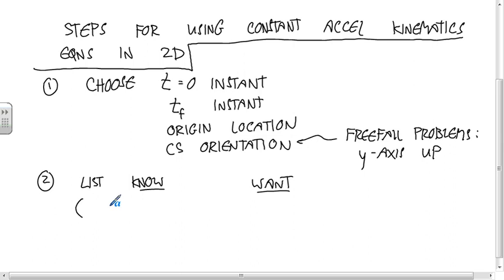Let's say 13. And again, what you're looking for is an equation that has the variable that you want in it, and every other variable in the equation is known. Okay.